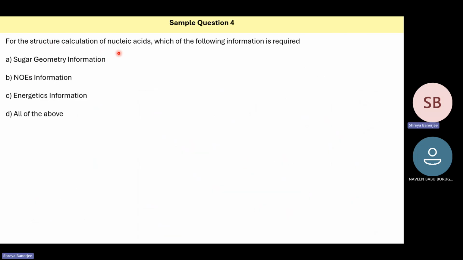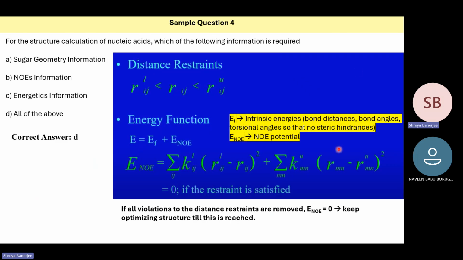Then you have a question asking that for the structure calculation of nucleic acid, which of the following information is required? So if you remember the formula for structure calculation, the first thing you need to do is derive distance constraints from the NOESY intensity. You know, NOE intensity is directly proportional to 1 by r to the power 6, where r we can write as interproton distance, ij.